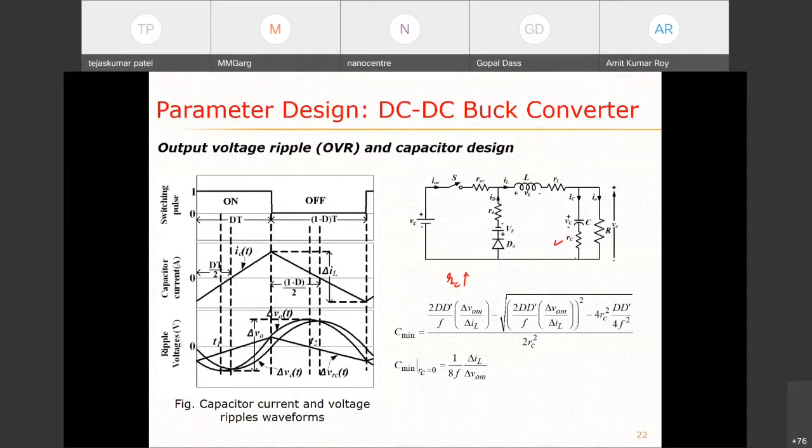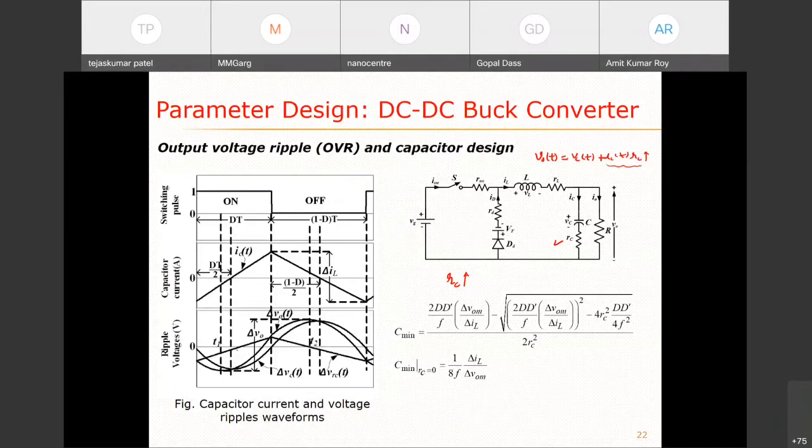Now, when we come to capacitor design, the ESR of the capacitor plays a big role, right? So it should be taken into consideration for proper modeling of the converter and controller design. If this RC, the ESR, increases, then what happens?